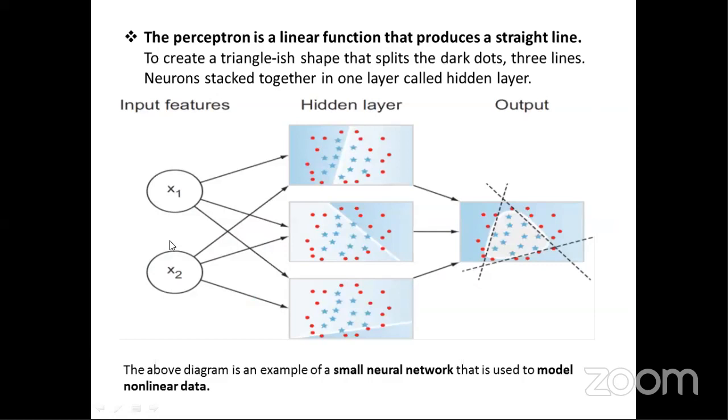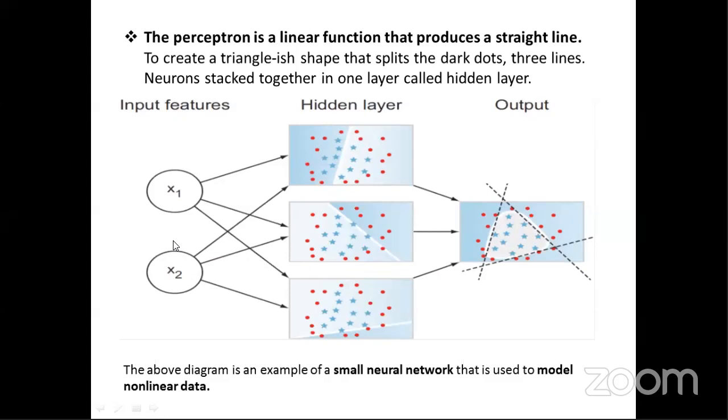Because your inputs are red and blue data. Red dots are shown in circular shape and blue ones are shown as stars. You can assume red are dogs and blue are cats.